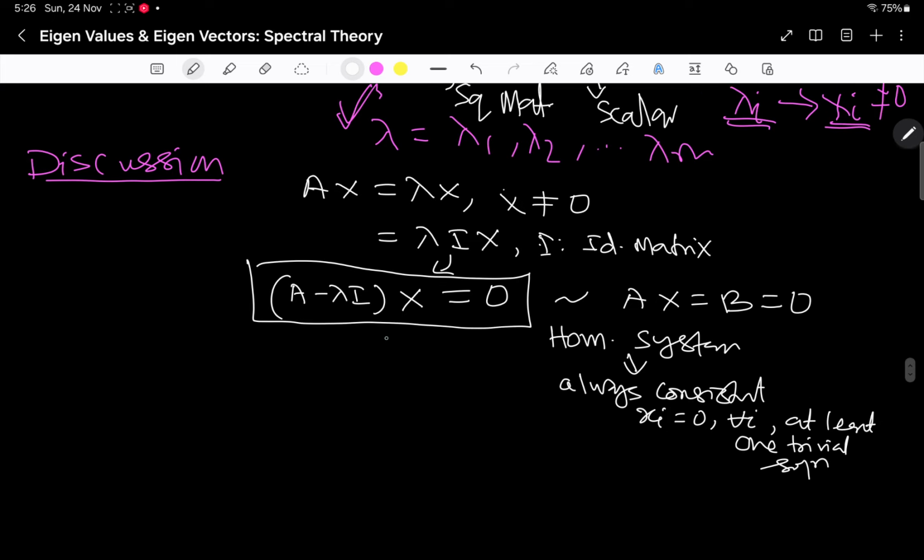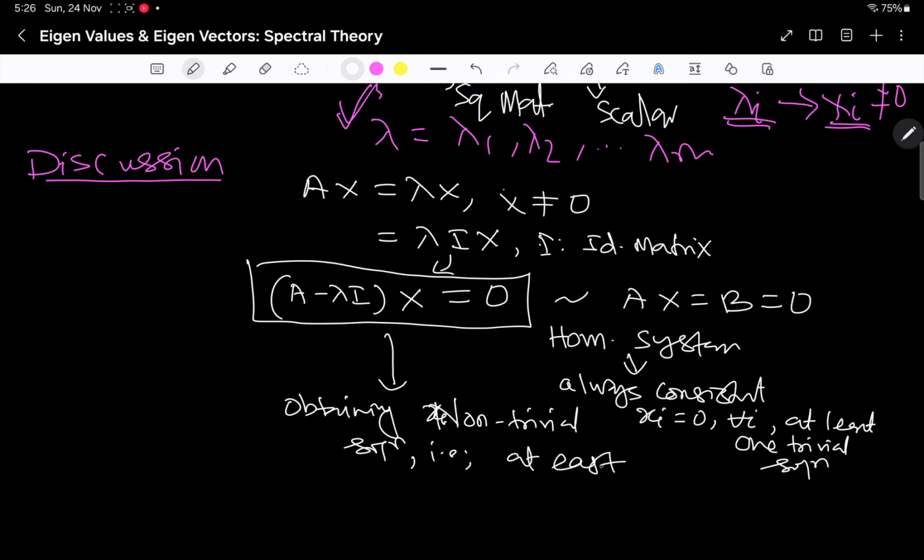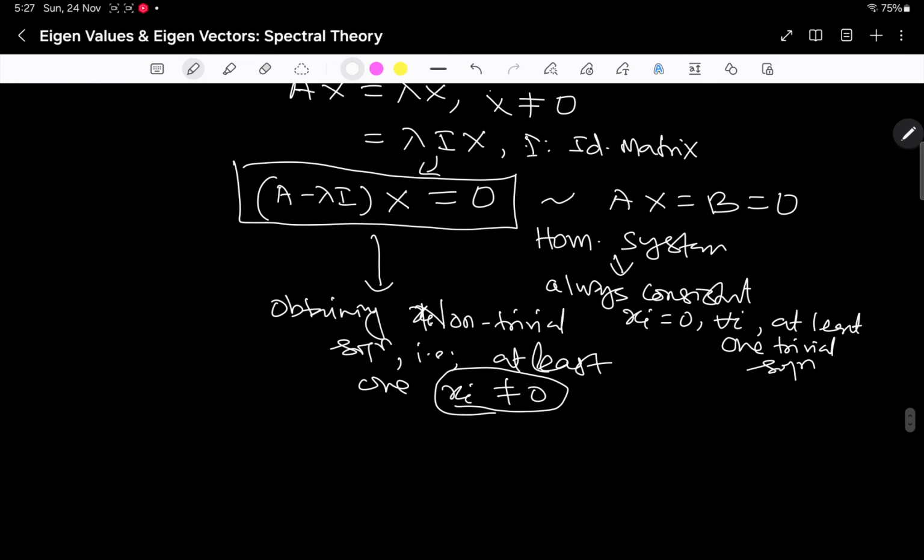But we are interested in obtaining a non-trivial solution, which means at least one xi is not equal to 0. For this non-trivial solution, what is the necessity?